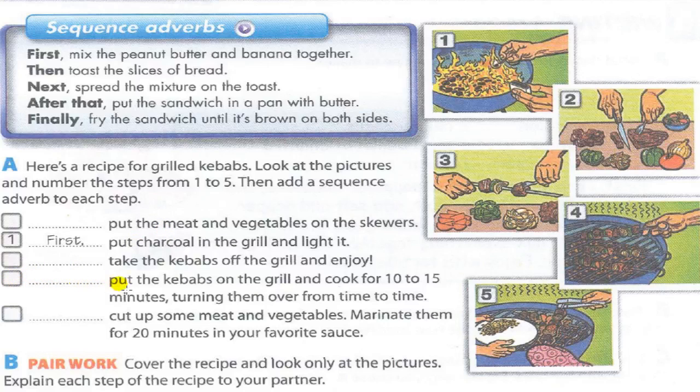After that, put the kebabs on the grill and cook for 10 to 15 minutes, turning them over from time to time. 5. Finally, take the kebabs off the grill and enjoy.